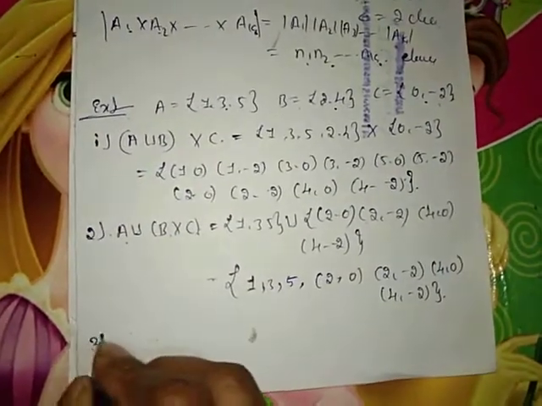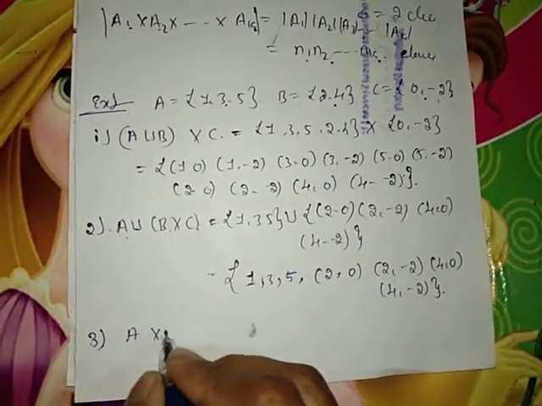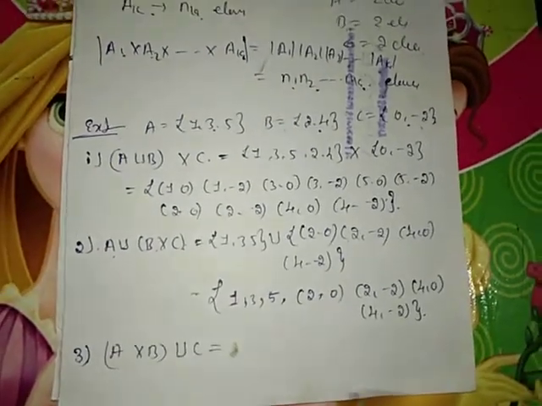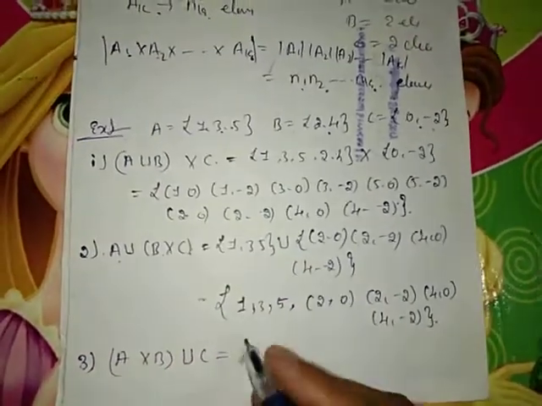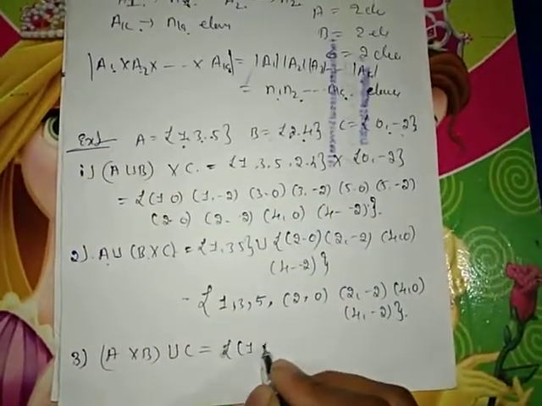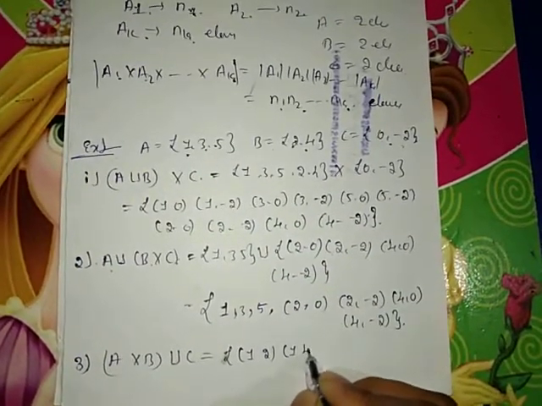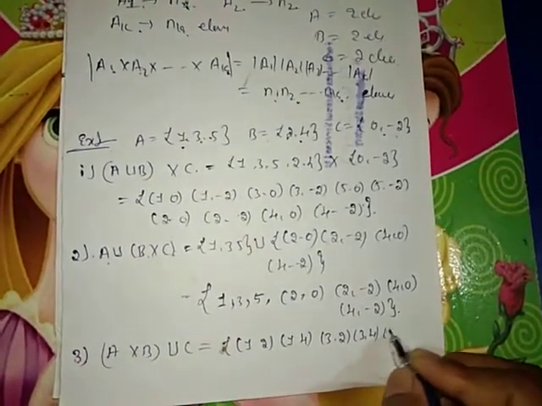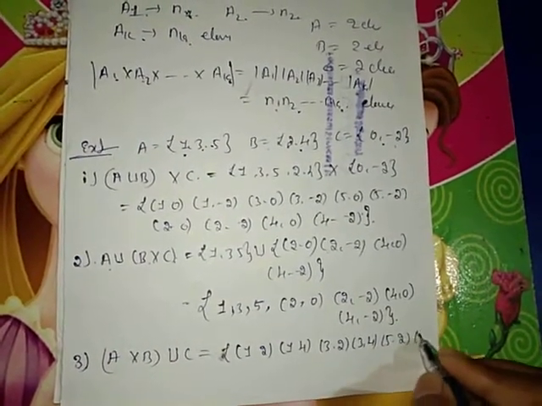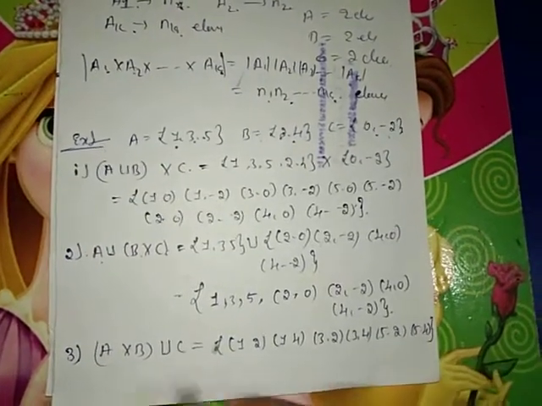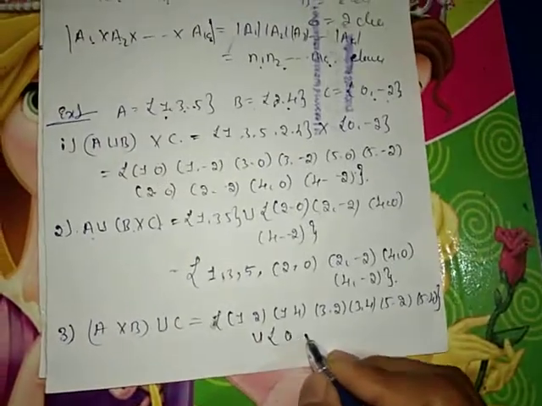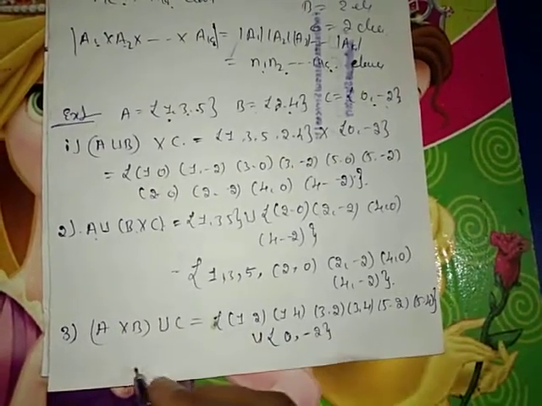So take down the third one: A cross B union C. A cross B is (1, 2), (1, 4), (3, 2), (3, 4), (5, 2), (5, 4). That is A cross B. Union C, where C is 0, minus 2.